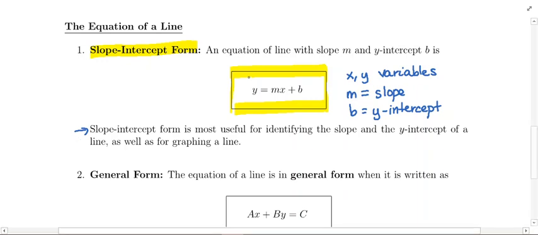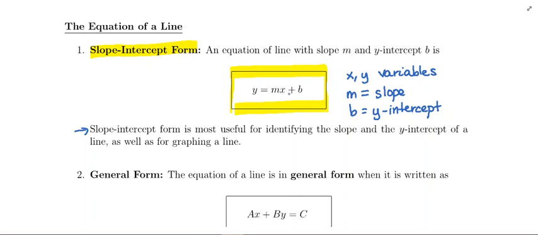If you are given a line in this format, y equals mx plus b, you can immediately say, hey, the number in front of x is the slope, and this number that you're adding, the plus b, that's the y-intercept. That's why this format is called slope-intercept form, because when something is written in this format, it's telling you two things. It's telling you the slope of the line, and it's telling you the y-intercept of the line.